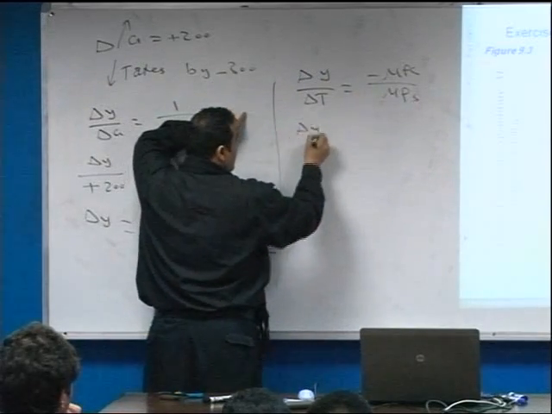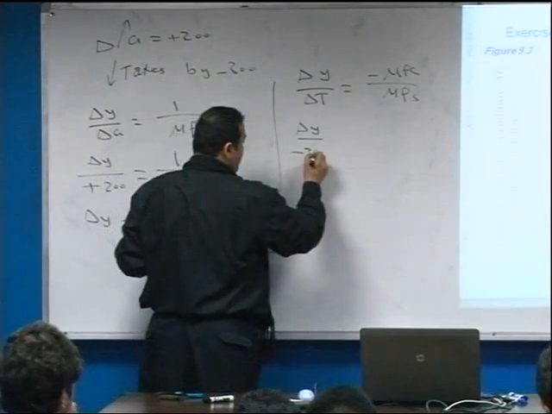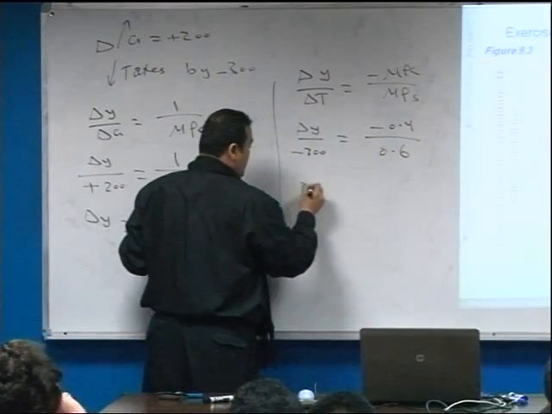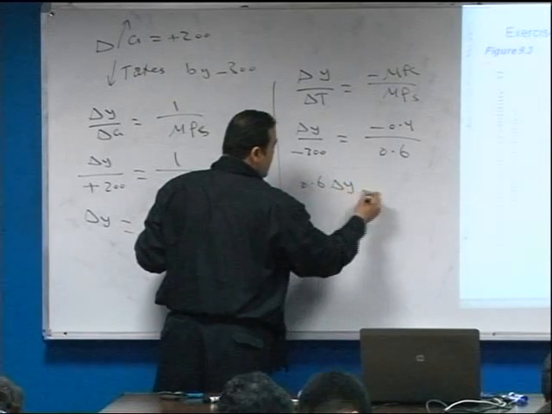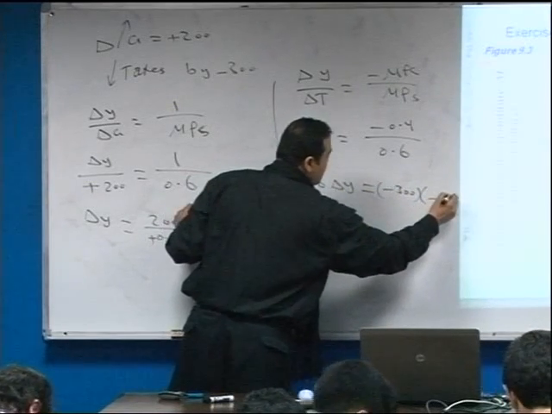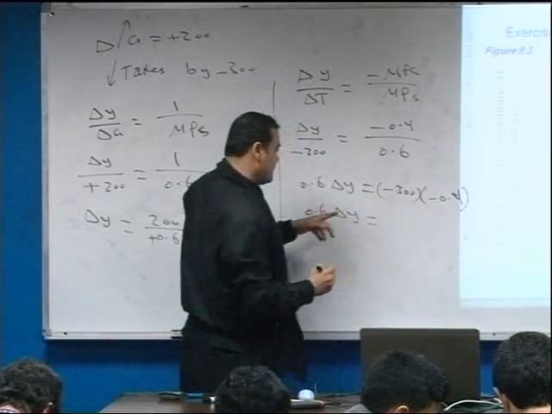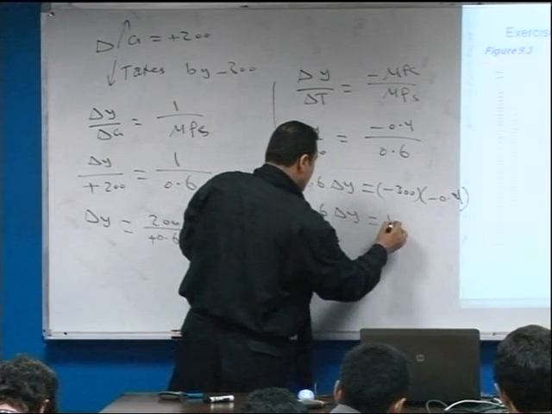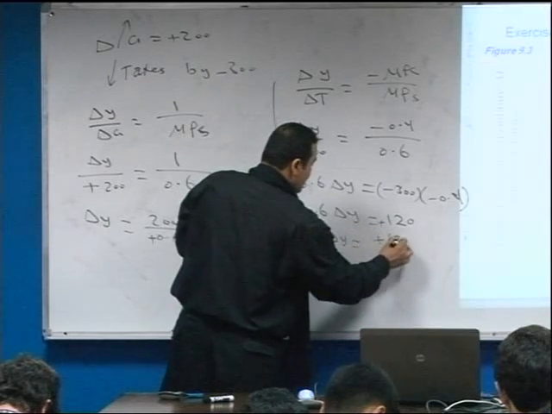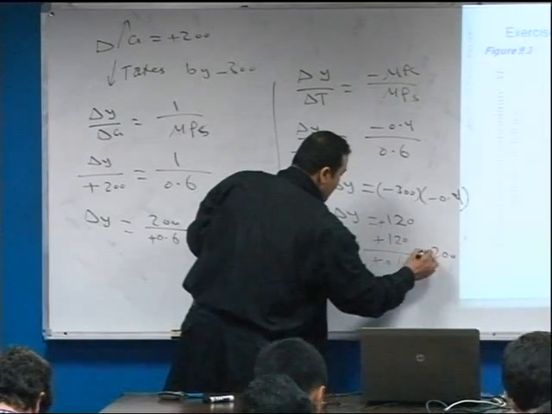So delta Y over minus 300 equals minus 0.4 over 0.6. So 0.6 delta Y equals minus 300 times minus 0.4, which is positive 120. So delta Y equals positive 120 over 0.6, equals positive $200 million.